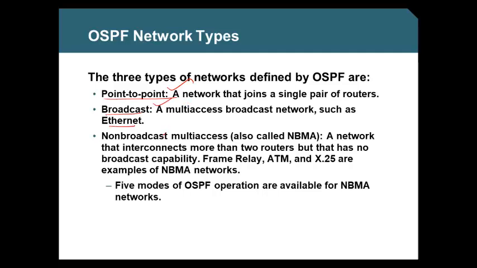If you have any ancient protocol like this to communicate between different sites, then we call it an NBMA network. In this NBMA network, you have 5 different OSPF network types, or 5 modes of OSPF available for NBMA network type.